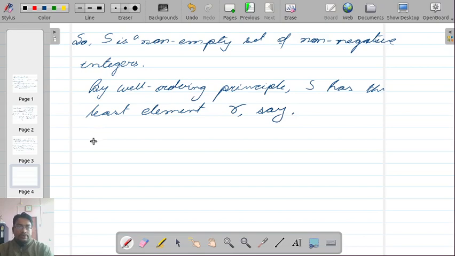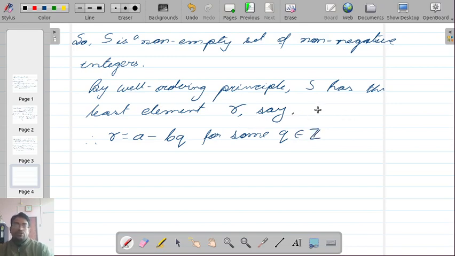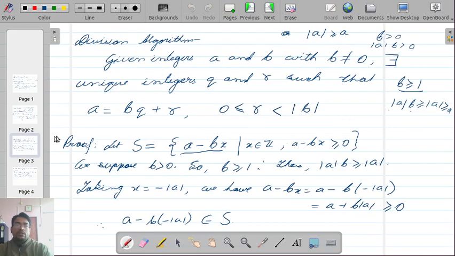So therefore we will write this R as R equal to A minus B into Q for some Q inside the set of integers, because the definition of S says that S is the collection of all A minus Bx such that x is an integer and A minus Bx is greater than or equal to 0, right.